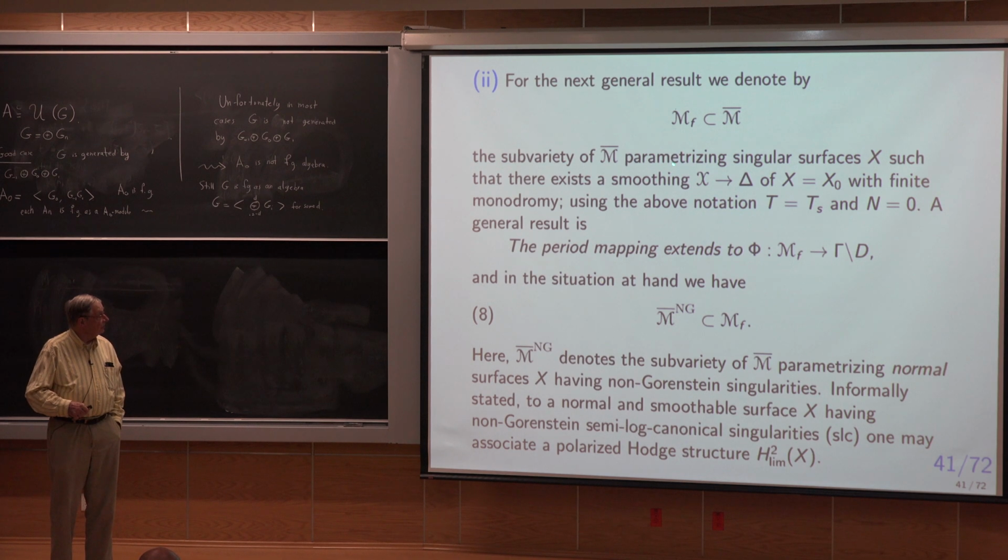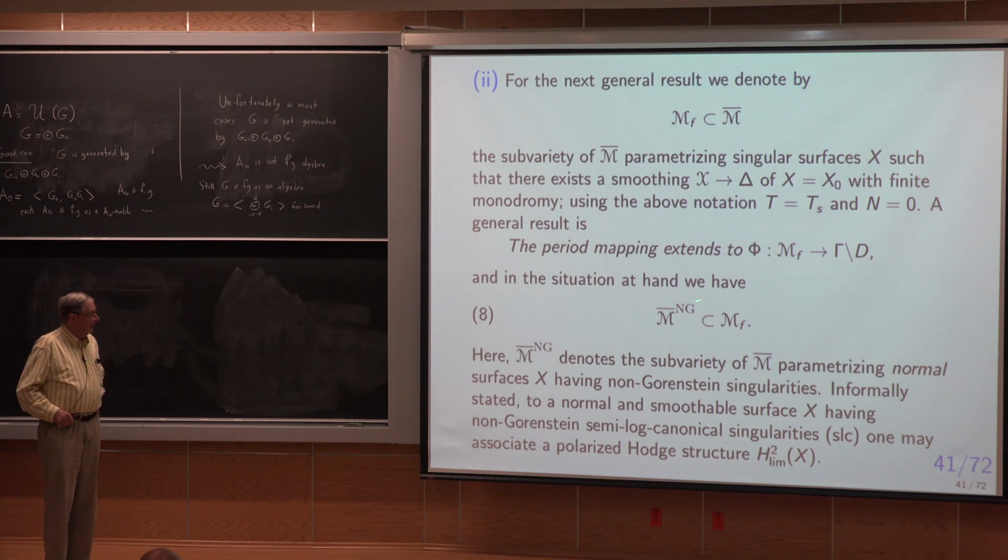Then the result is that the period map extends across those. So you still stay in D by gamma. This is what I mentioned before. If you have finite monodromy, even though the variety becomes singular, the Hodge structure doesn't. And so the general result, which was also mentioned before, is that non-Gorenstein singularities have finite monodromy.